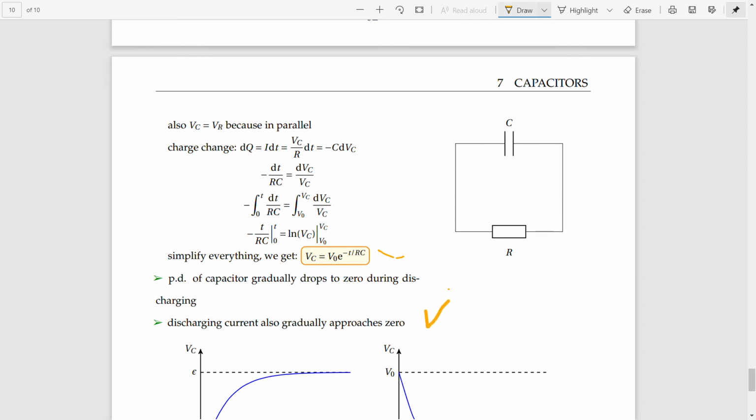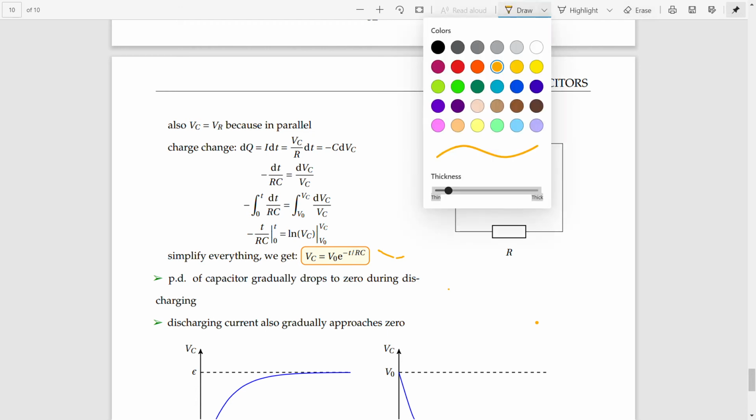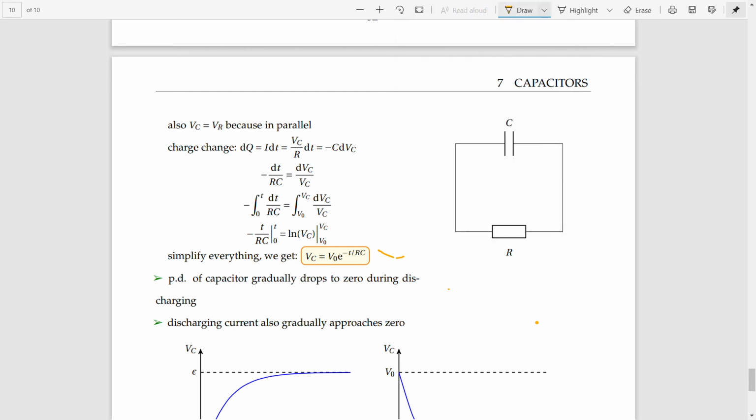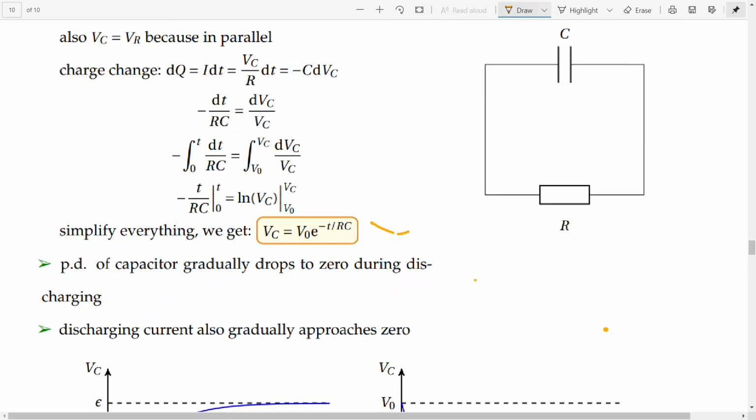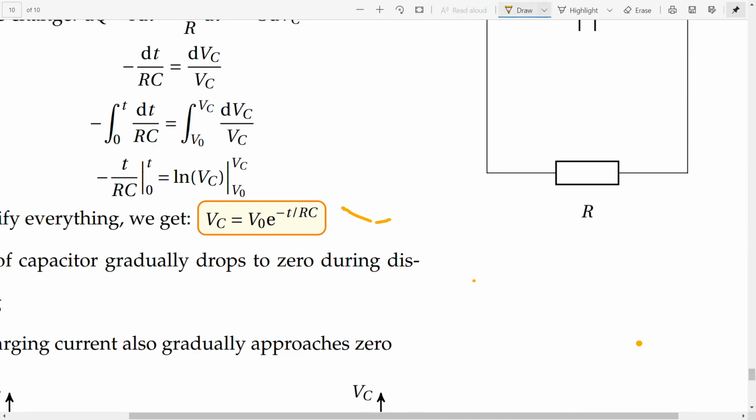So V_C gives V, but this pen is not working. What happened? Alright, from that formula you'll get this.